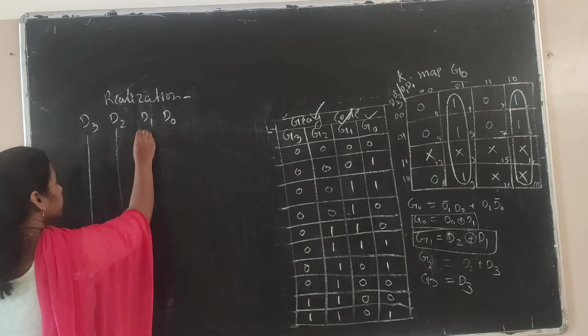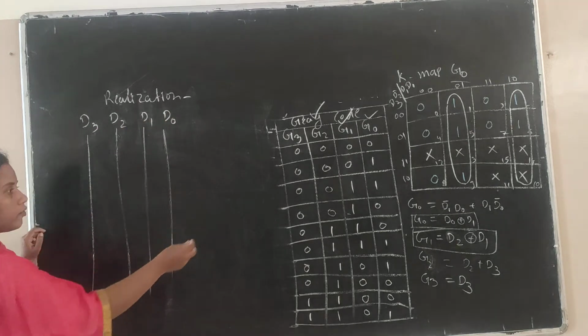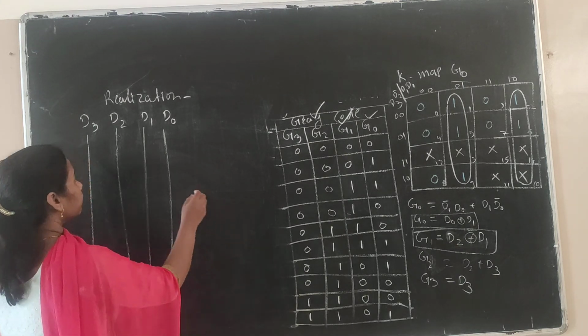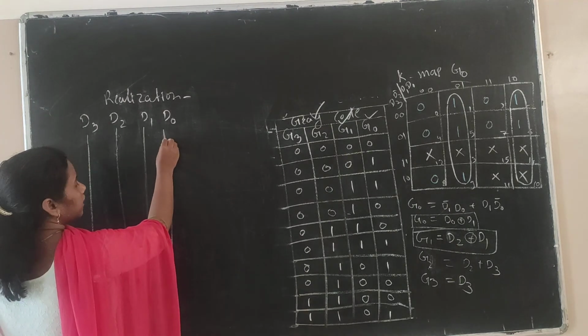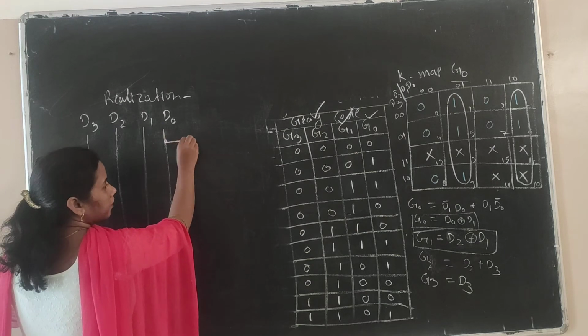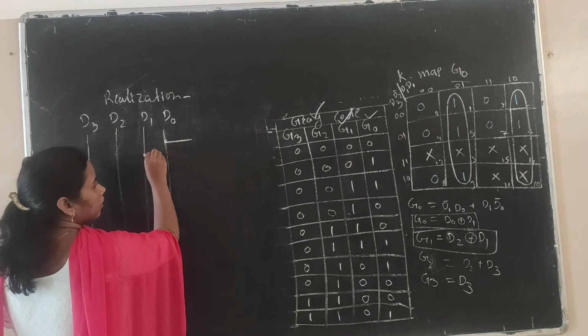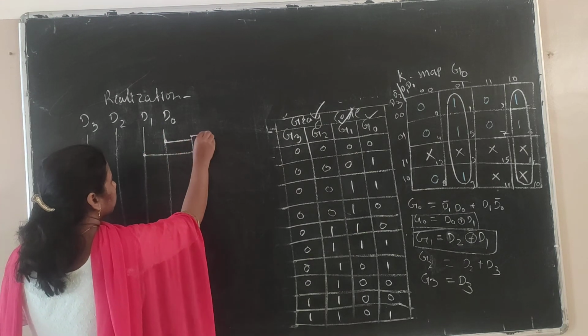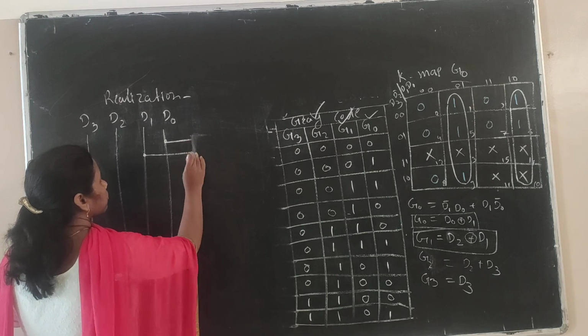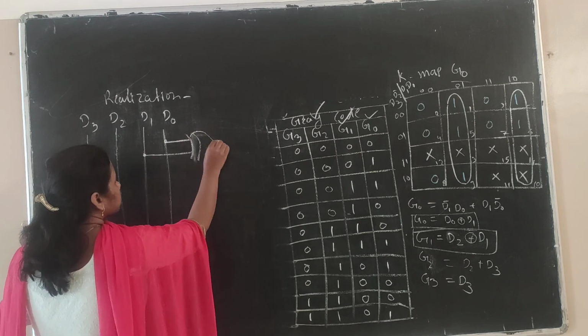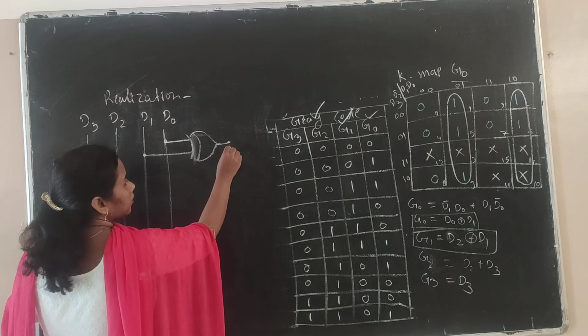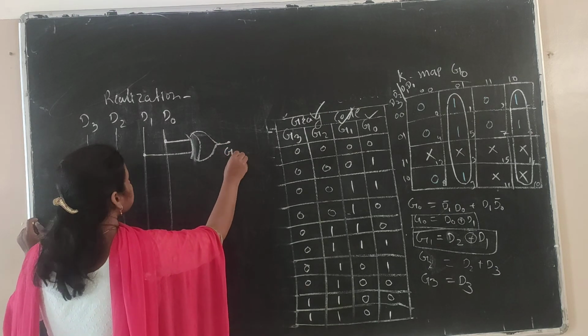We'll take all these terms and write down the equations. For G0 it is D0 XOR D1. This is the symbol for the XOR, and here it is G0.